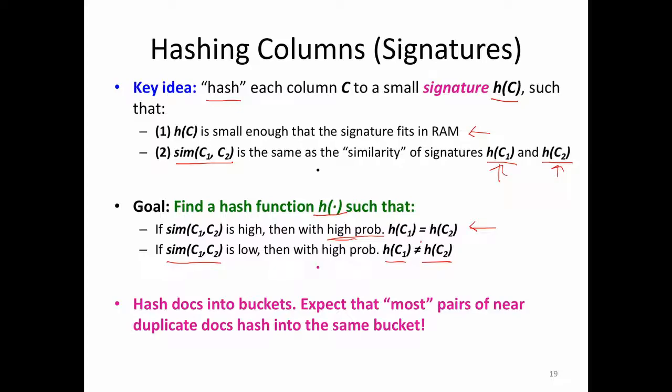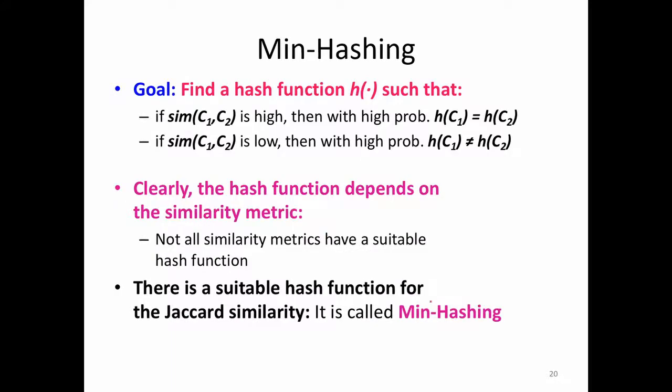So basically it hashes the documents into buckets. And in the above definition, most pairs of near duplicate docs will hash into the same bucket. This is something that we will use later in locality sensitive hashing. But this is the idea of computing min hash.